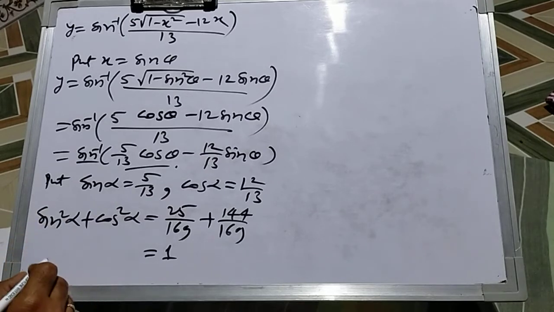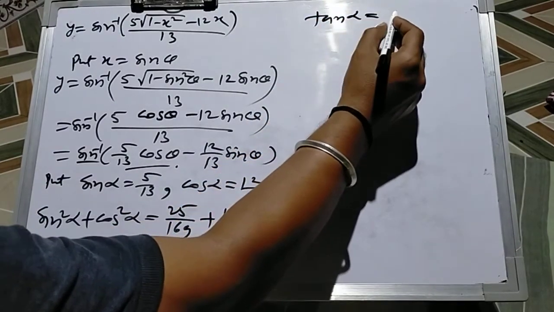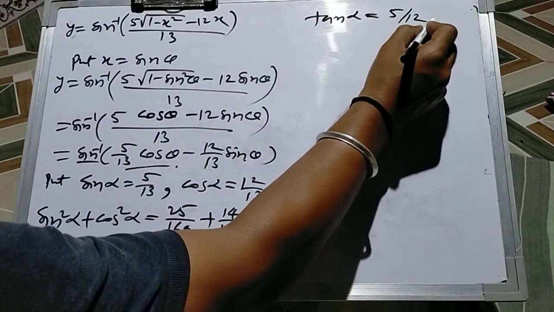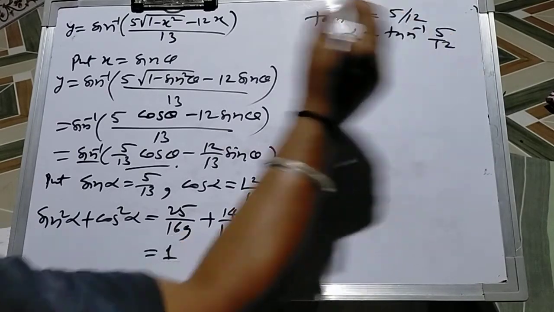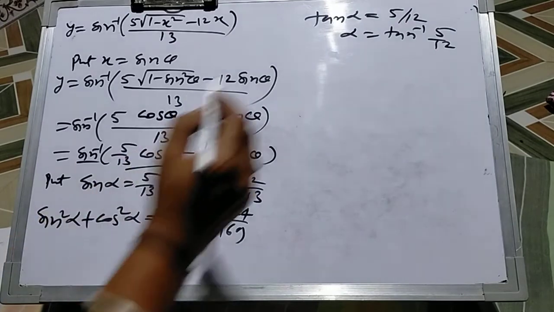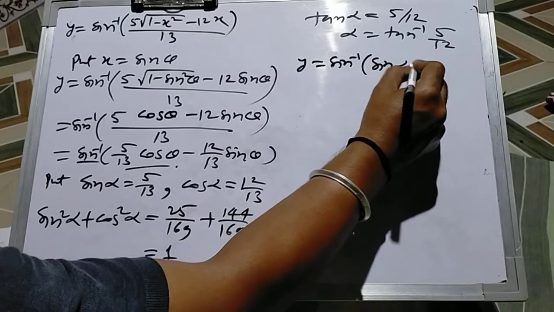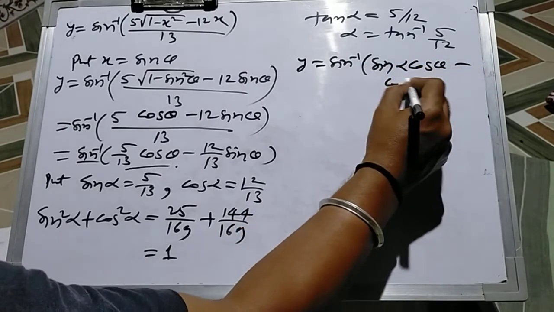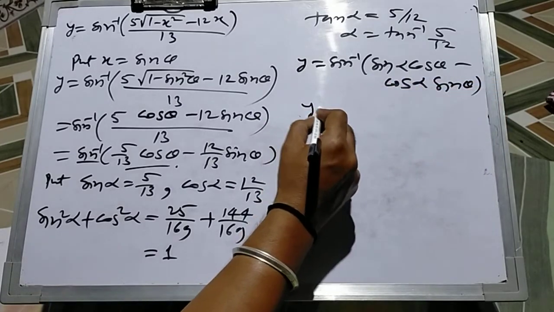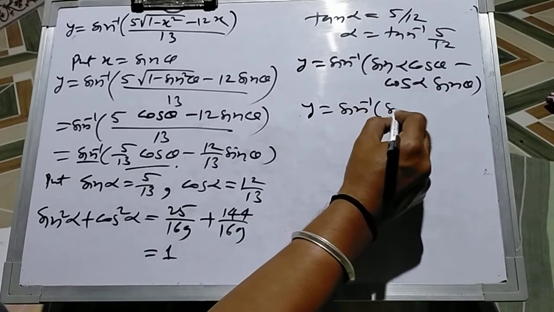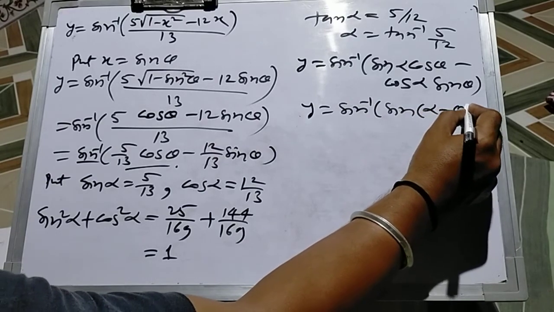And tan alpha equals 5 divided by 12. So alpha equals tan inverse of 5 divided by 12. Therefore y equals sine inverse of sine alpha cos theta minus cos alpha sine theta. So y equals sine inverse of sine of alpha minus theta.